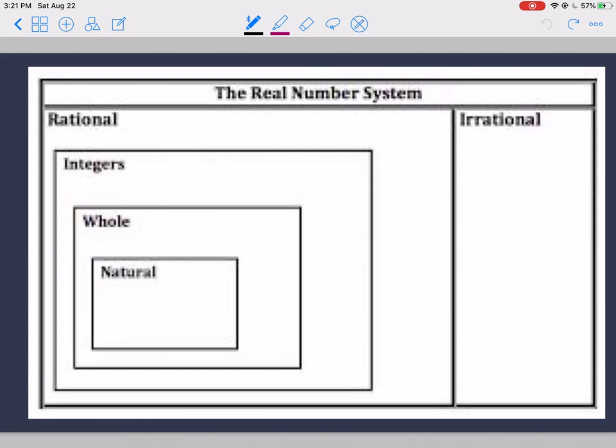Naturals, again, start with 1, 2, 3, etc. The whole numbers add 0 to that. Integers, you add the negatives.